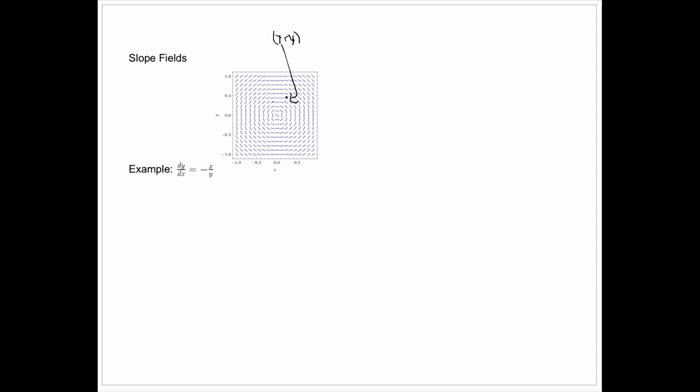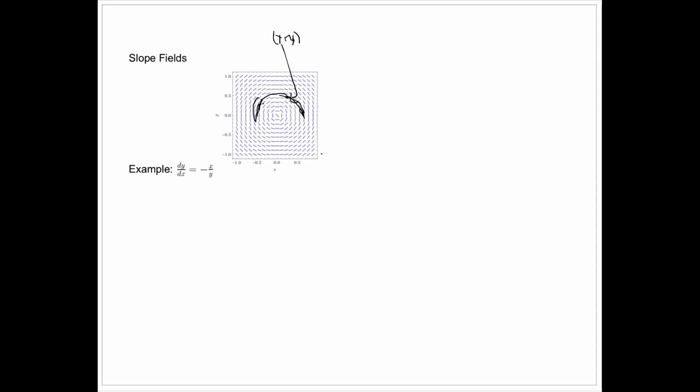When we draw the graph of any solution to this differential equation going through that point, at every point along the solution curve, it should be tangent to the little segments in our slope field.